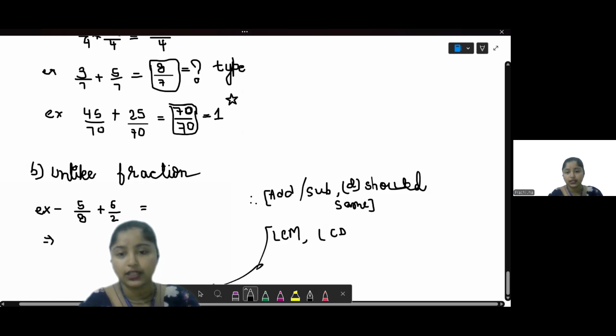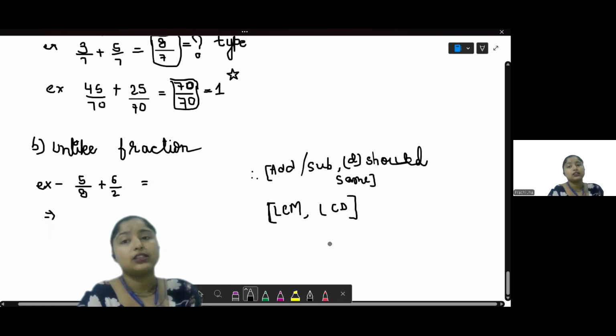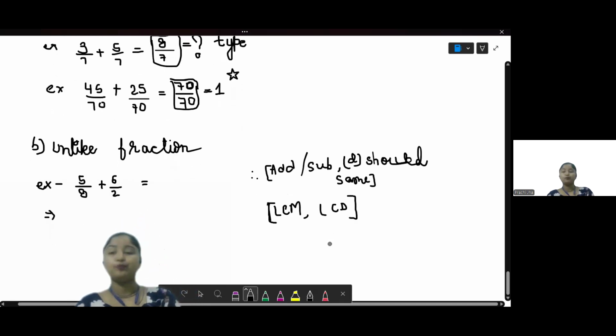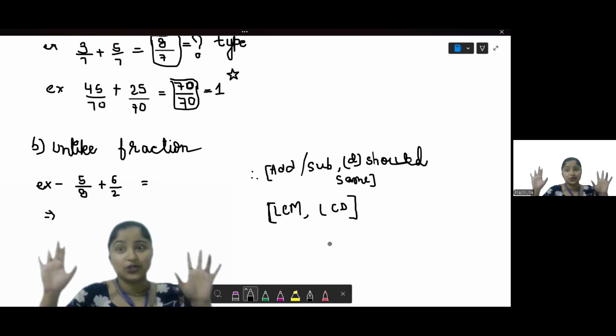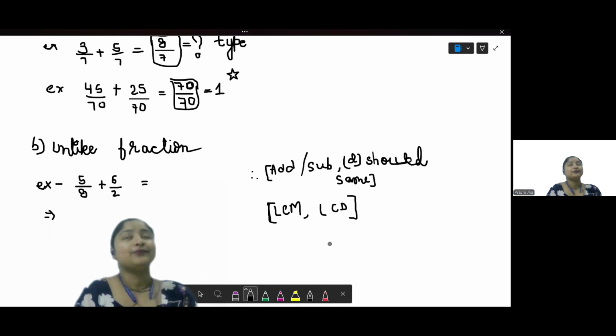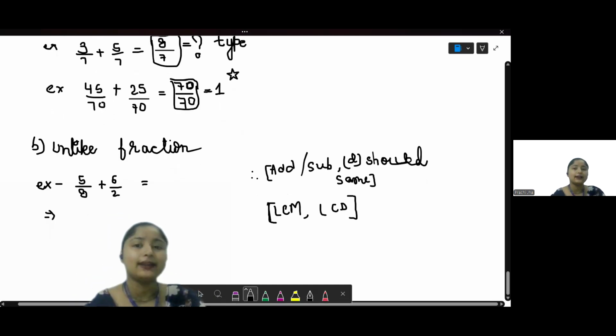You can use that, but since we are very much beginners in learning fractions, avoid these methods. When you are pro in fractions, then you can use the LCM method or LCD method, whatever you like.